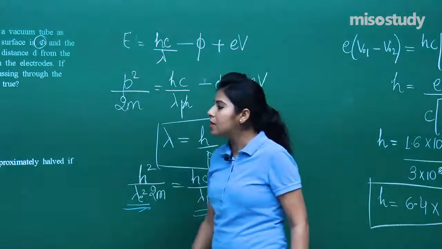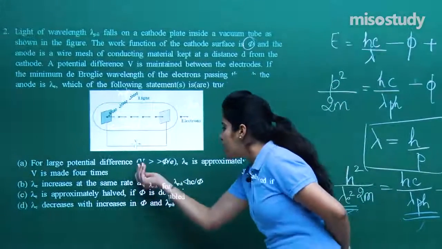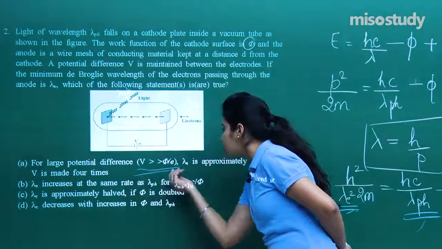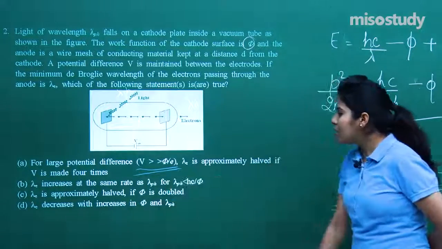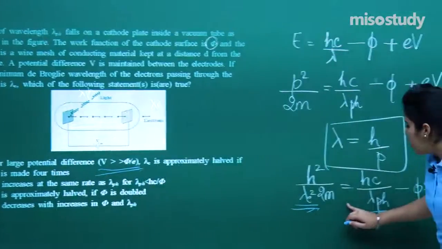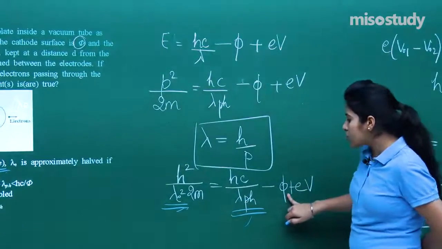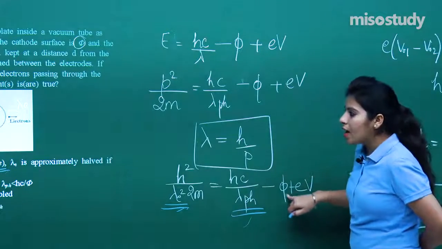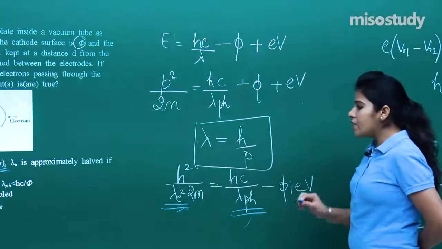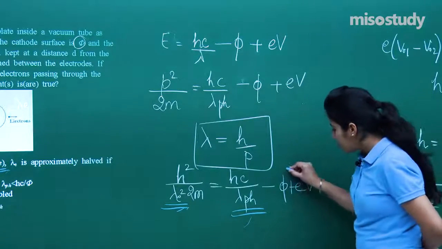Now let me see for the large potential difference, where V is very much greater than phi by e. So you can see here this is phi. So phi by e would be what? If I divide the whole equation by phi by e and V is very much greater than this, then what will happen?